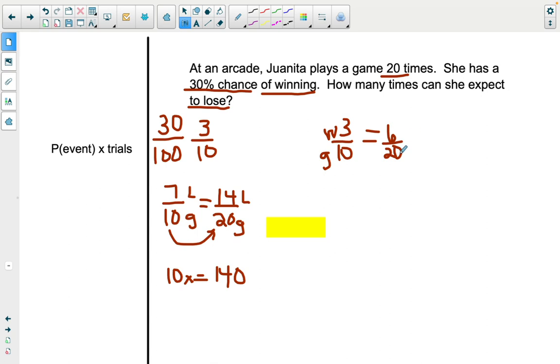If she won 6 out of 20 games, how many did she lose? She lost 14. Could do it either way, but make sure you're calculating how many times she's going to lose. Those are those ones that get you, because you know that if it was multiple choice, 6 would be an answer on there, even though that's not the right answer. Always trying to trick you.